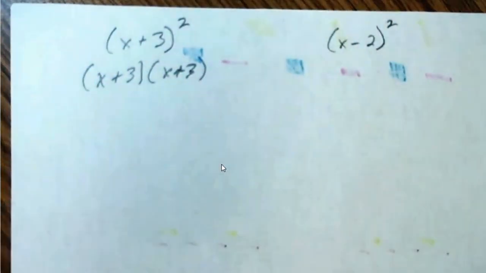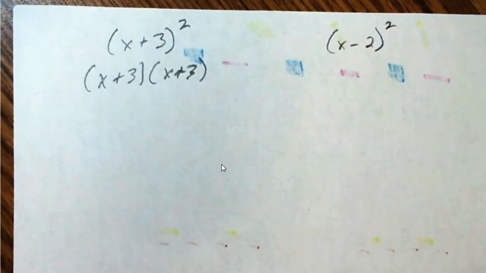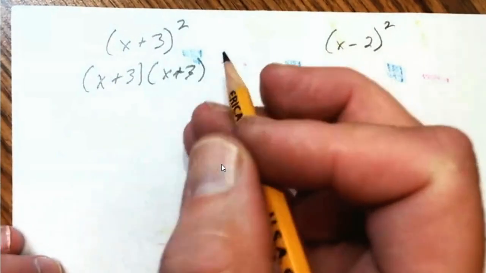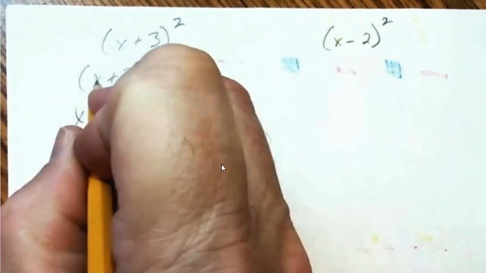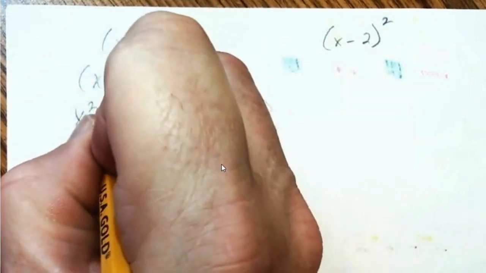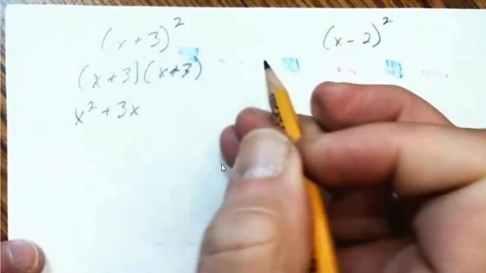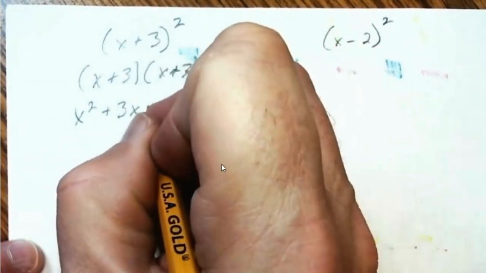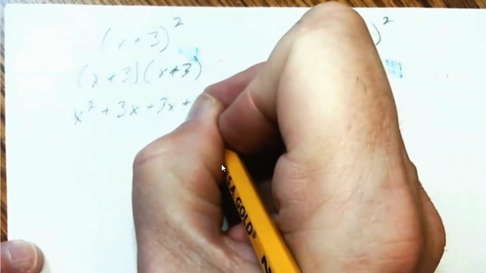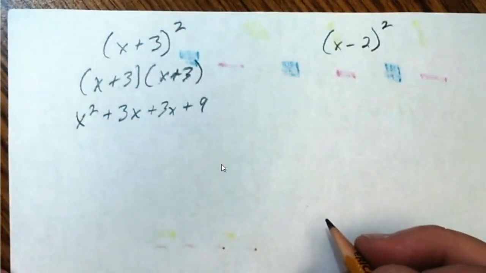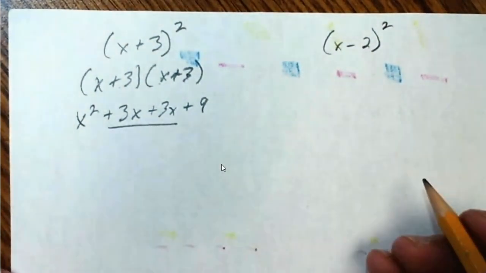This is another shortcut. Once we recognize how this works, it's just harder to spot. All right, x times x, x squared, x times 3 is 3x, 3 times x is 3x, and 3 times 3 is 9. Oh, so look at our middle term.